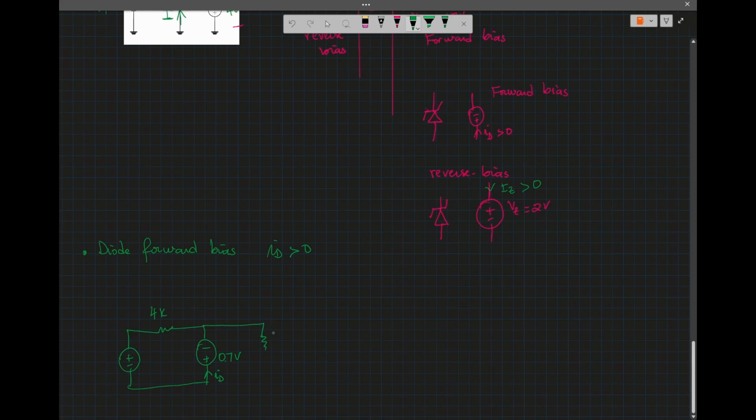We have the resistor 1 kilo ohm for now, and we have the negative 4 volt here. The voltage here will be equal to V0. If I assume this is ground, then the voltage here will be negative 0.7 volt.